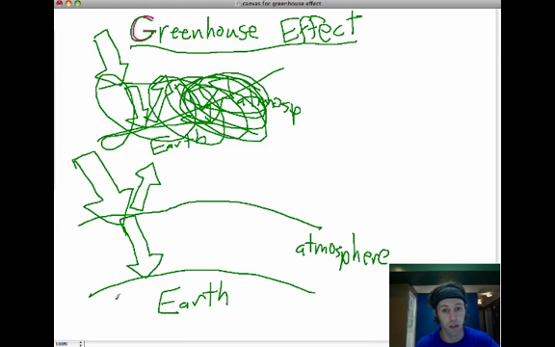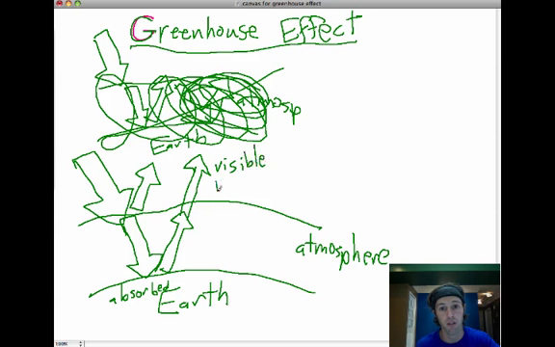Some of it does get absorbed by land. Much of it does, though, bounce off. And since it came through in the first place as visible light, much of that visible light will escape. It doesn't get trapped and bounce around like most people think.